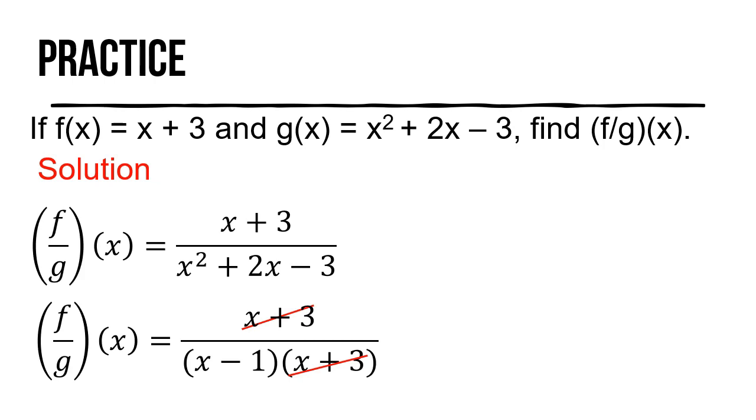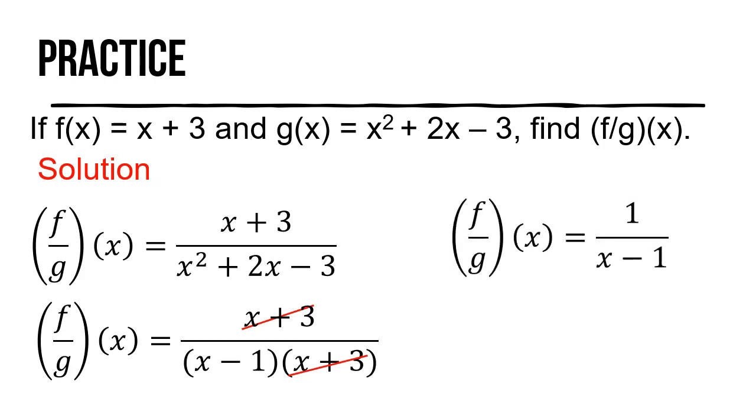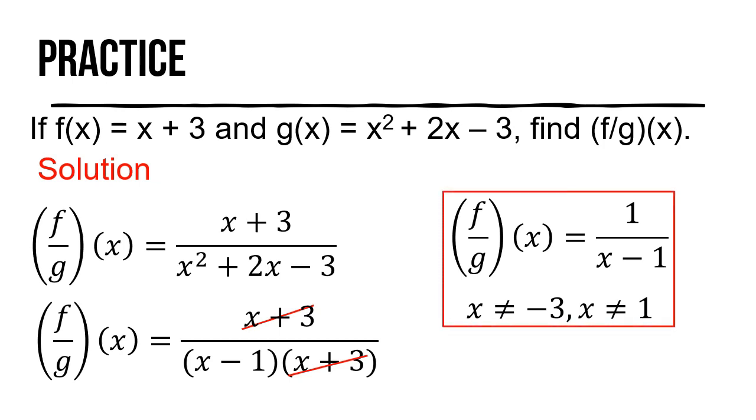So x plus 3 is a common factor, so that's why we have here f over g of x equals 1 over x minus 1, where x is not equal to negative 3 and x is not equal to 1, to avoid an undefined answer. Okay, so this is our answer.